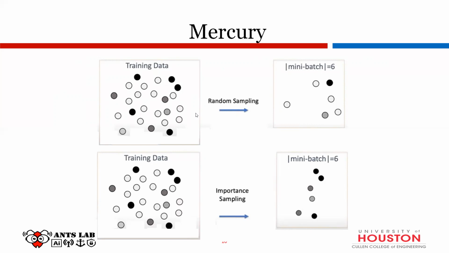As the colors turn dark, that means the data is more important. So in importance sampling, in this example, they have 3 black dots, 2 close to black dots, and a gray one. But in random sampling, you just can't get this, except out of luck.